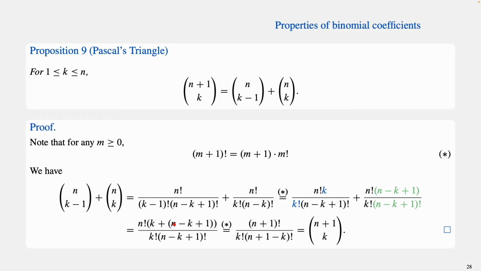Okay, now the k here cancels out with the minus k here. So I'm left with n factorial times n plus 1, which again by star is n plus 1 factorial. But now this expression is precisely n plus 1 over k. And this proves our formula for Pascal's triangle.